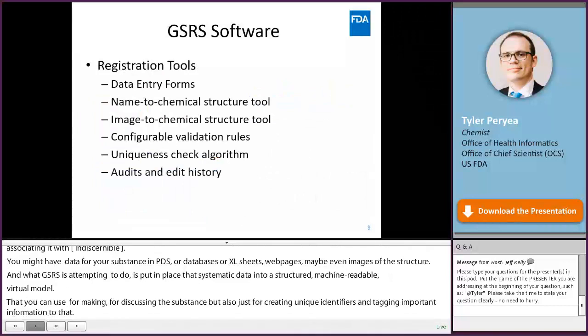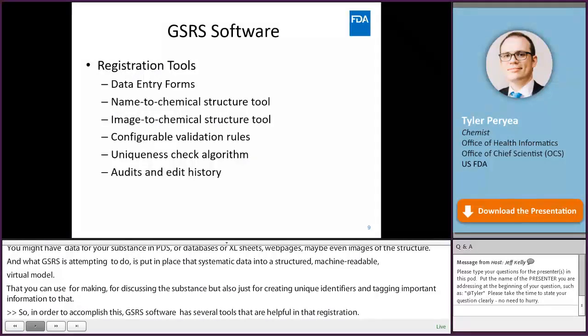So in order to accomplish this, GSRS has several tools that are helpful in that registration process. There are data entry forms that are part of the web interface. There's a name to structure tool. There's an image to structure tool. There are other tools that are specifically for other substance classes as well, things that will help translate protein sequences and so on.